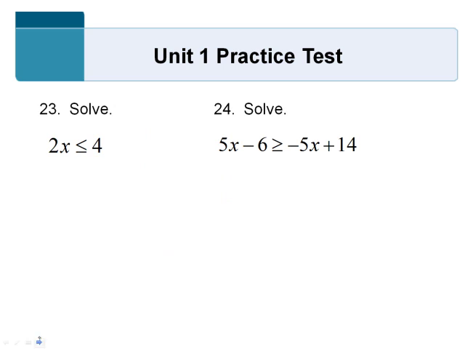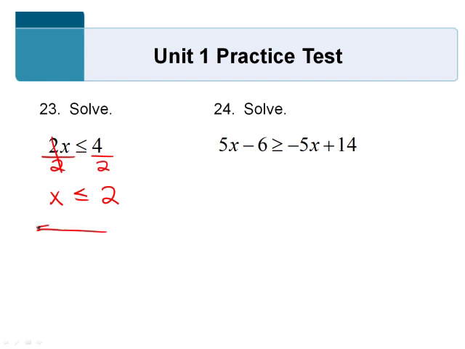Number 23. So we have to solve the inequality, and I'm pretty sure they have you write the answer in interval notation. So we'll make sure we write out the interval answer. So here to solve for x, we need to divide by 2 on both sides. So the 2's cancel, and we get x is less than or equal to 2, because 4 divided by 2.